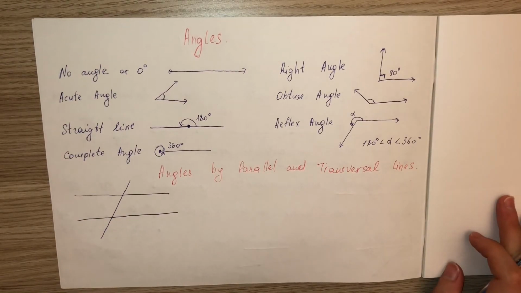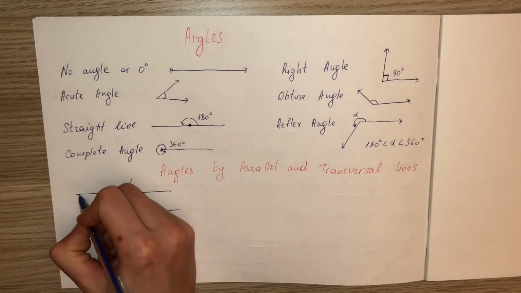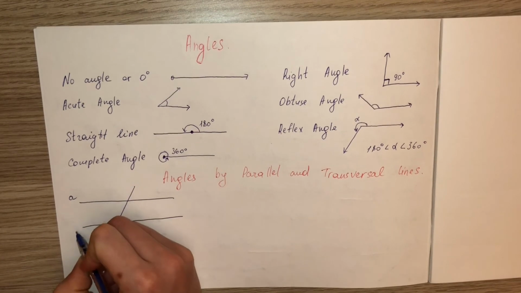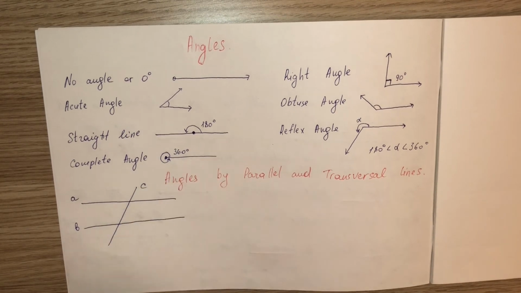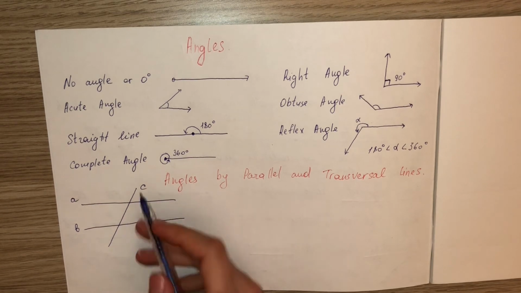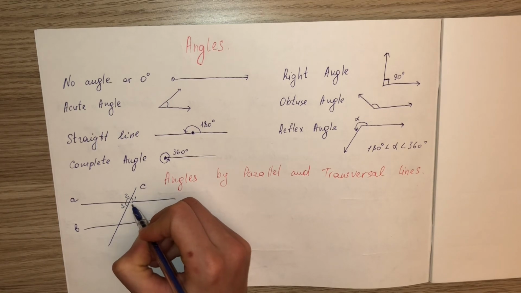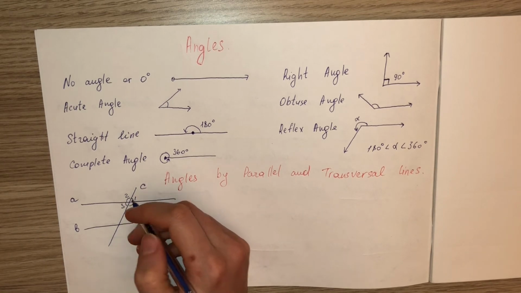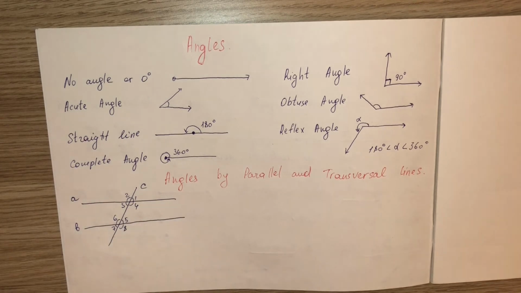Let's continue with the angles by parallel and transversal lines. So these two lines, let this be line A, the line B, and this transversal line, let's call it C. As you can see here, there are angles 1, 2, 3, 4, and 5, 6, 7, 8.